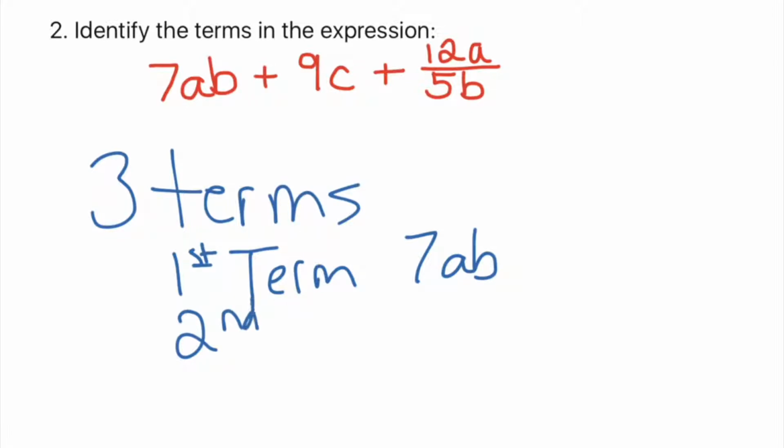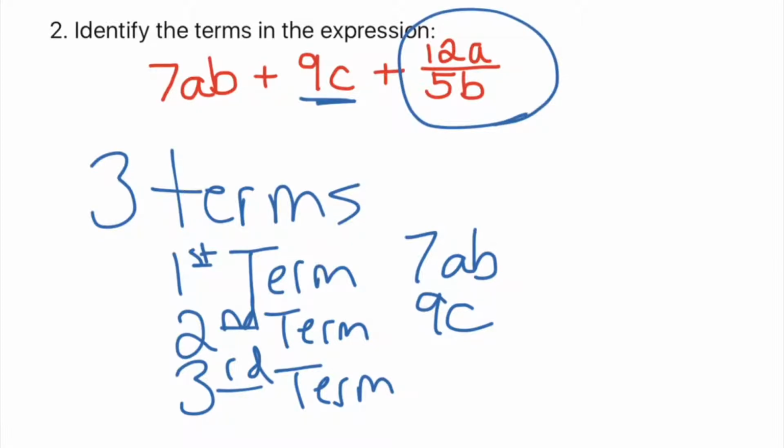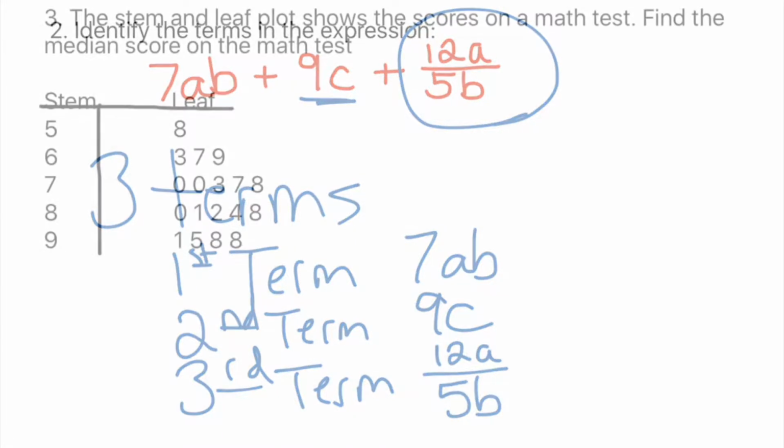Our second term is right after the addition sign, so it's this, 9C. And our third term is this whole thing right here, this 12A over 5B. And those are your 3 terms.